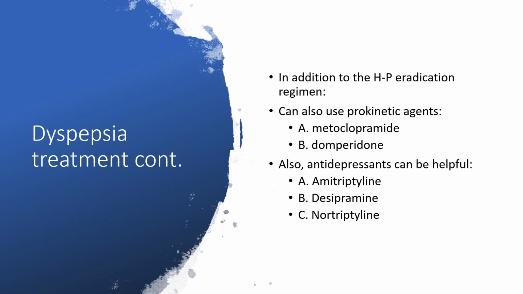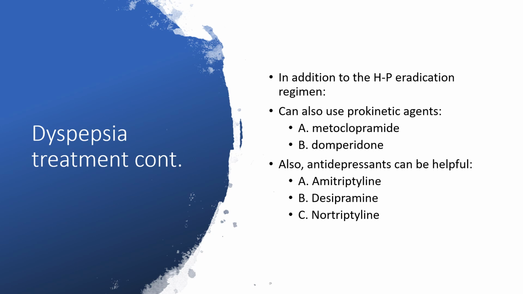Okay, in addition to H. pylori eradication regimen, you can also use prokinetic agents like metoclopramide, domperidone. Remember, I have said nausea and vomiting as part of symptoms before now. Then you want to increase gastrointestinal peristalsis so as to reduce that to a certain extent.